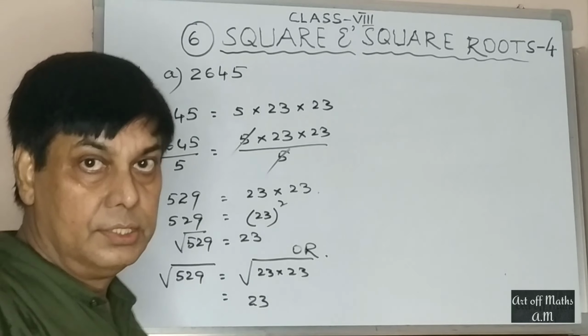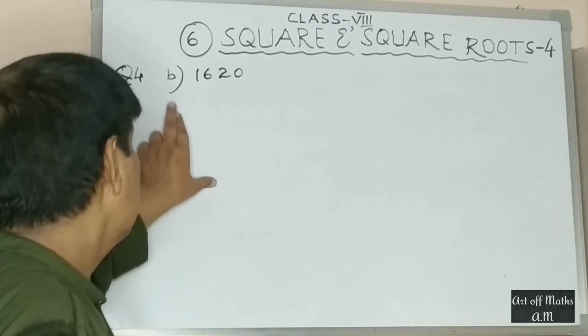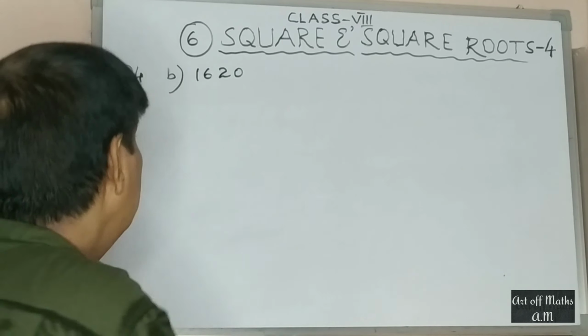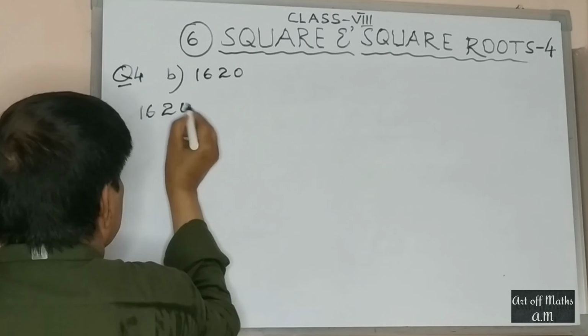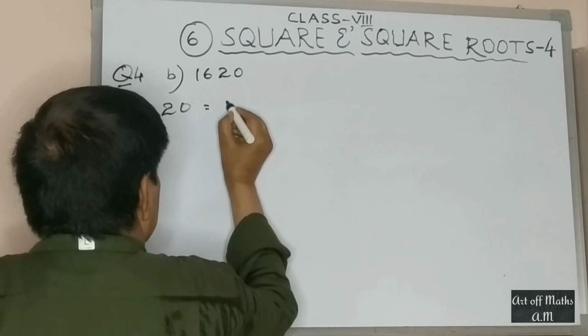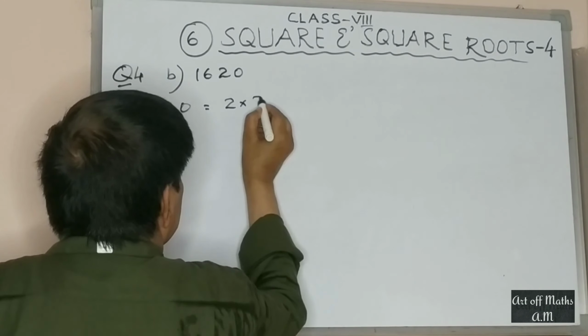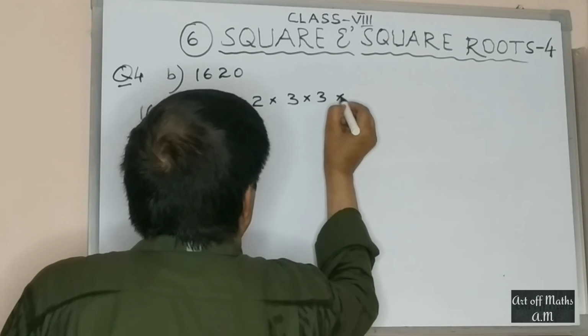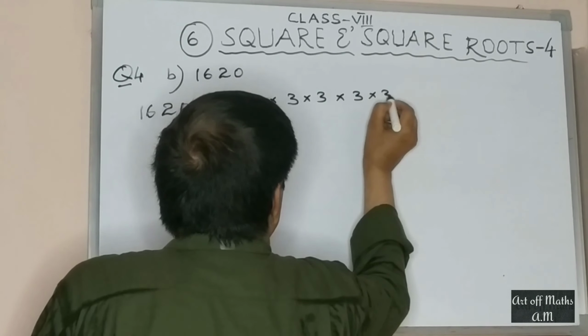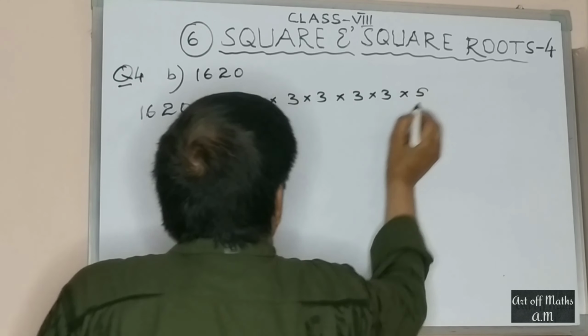Now coming to the second part of question number 4. 1620. 1620 is 2 into 2 into 3 into 3 into 3 into 3 into 5.